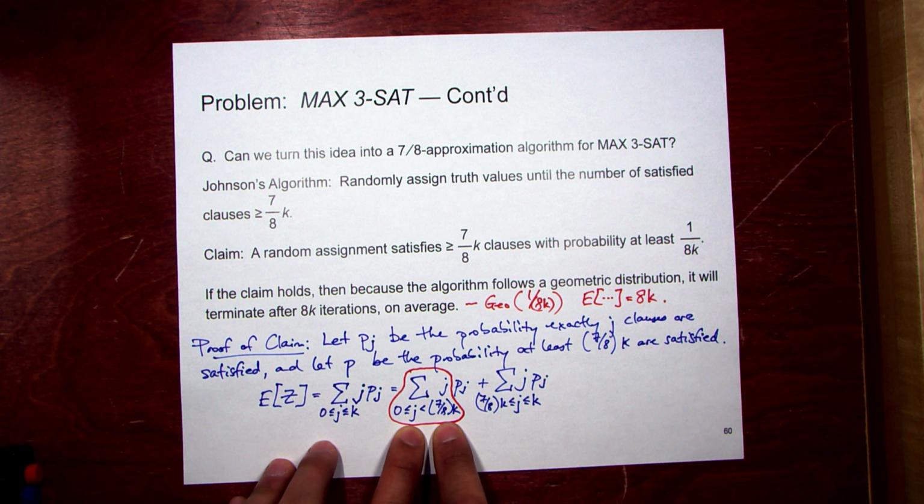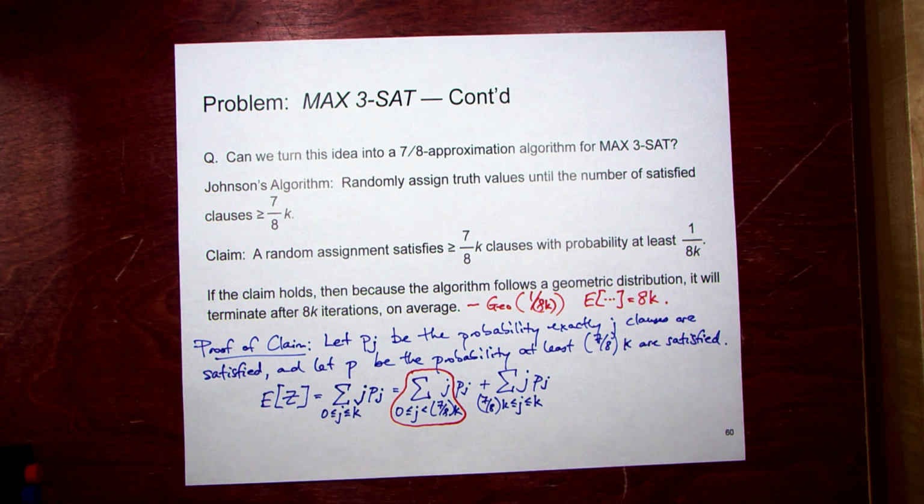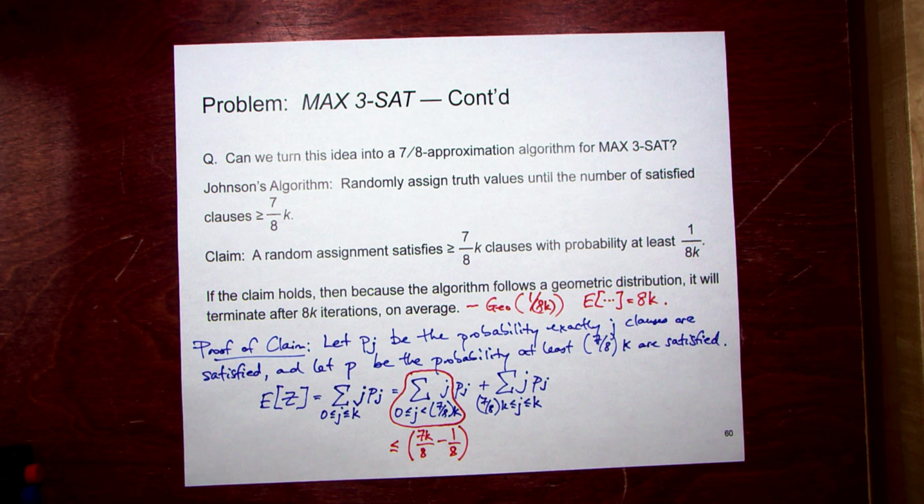Due to integer rounding, the most it could possibly ever be would be 7/8 k minus 1/8, because we're dividing by 8 here. So we're going to approximate this thing by that quantity, which is just, by integer rounding, 1/8 below. And that is a significant enough slice. So this is the most j could ever be. We're going to pull it out as a common factor, and I'll rewrite the rest of it.